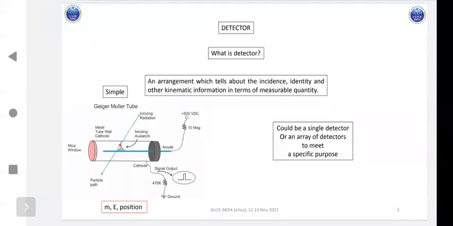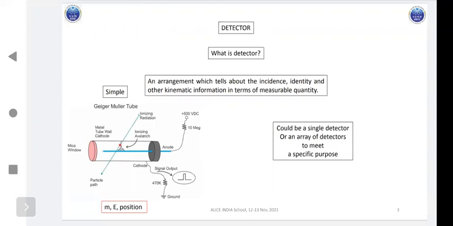It may be to detect a particle reaching a particular level, or sometimes if you want to measure the energy of this particle, probably you have to arrange not a single one, but many such detectors in a stack, so that you can measure their energy.